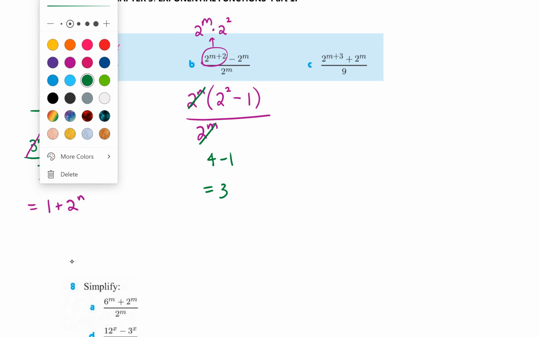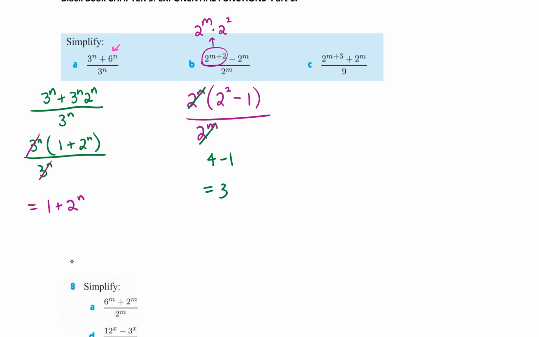For part C, we're going to do the same process that we did in B. So this term here can be 2 to the m times 2 cubed. So we can rewrite that as 2 to the m times 2 cubed plus 2 to the m. And then the denominator is just 9.